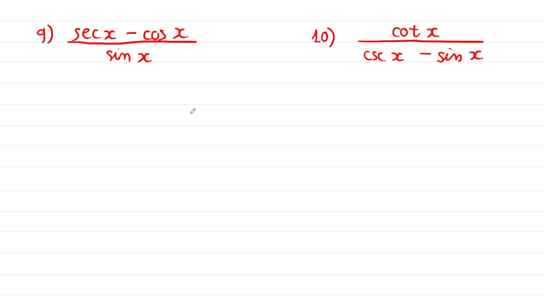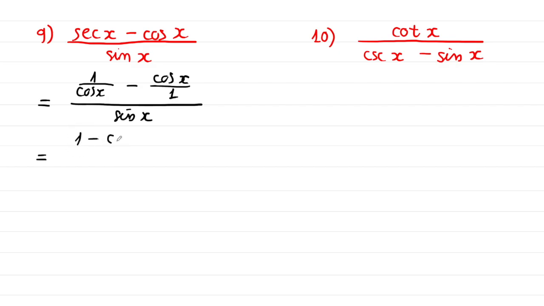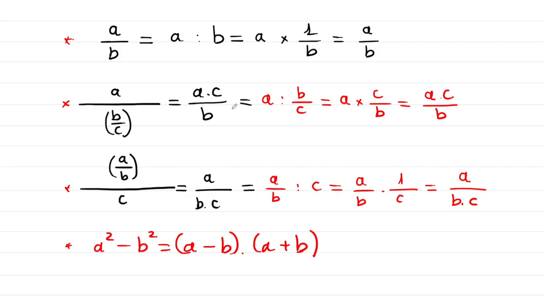Question 9. Sec x minus cos x over sine x. Sec means 1 over cos x minus cos x over 1, like this, and divided by sine x. For this one, you will have 1 minus cos square x divided by cos x, and divided by sine x. This is a fraction over a fraction, so it is very easy.